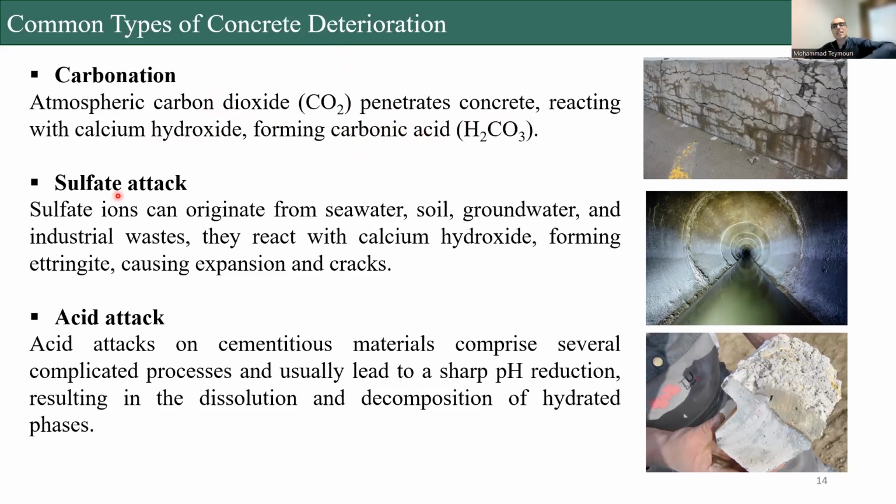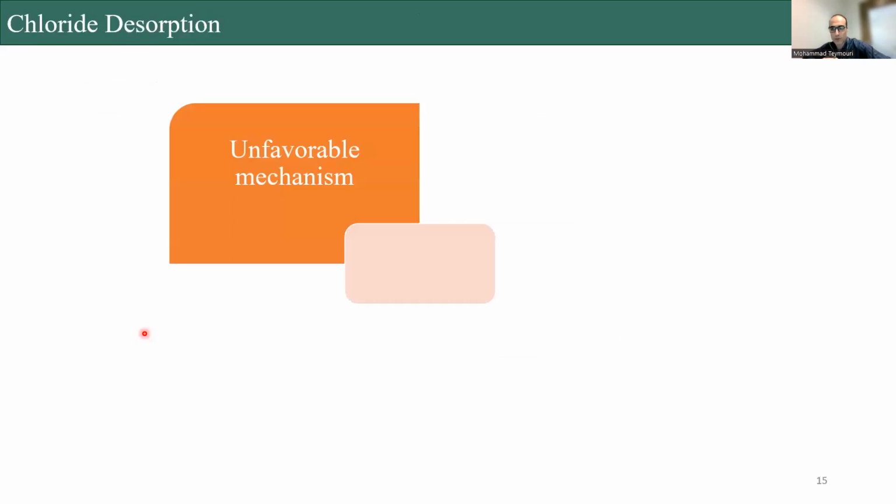For the sulfate attack, it is the same. We can find sulfate in the soil, in the seawater, in the groundwater. So it's pretty dominant. And probably the acid attack is the most famous one that can immediately and sharply reduce the pH. So when we have the reduced pH, it means we already lose some of the chloride binding, and it can accelerate the corrosion process.